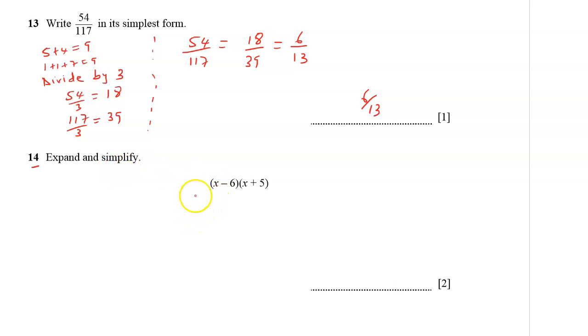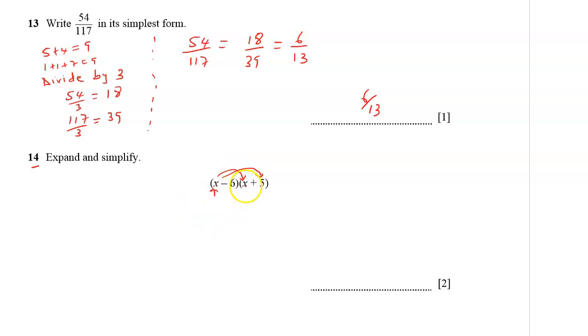Number 14, expand and simplify. So to expand, you take the terms in this bracket and multiply every term in the other bracket with the same. So we start with this x. We multiply that x by that x, then we multiply by 5 again.